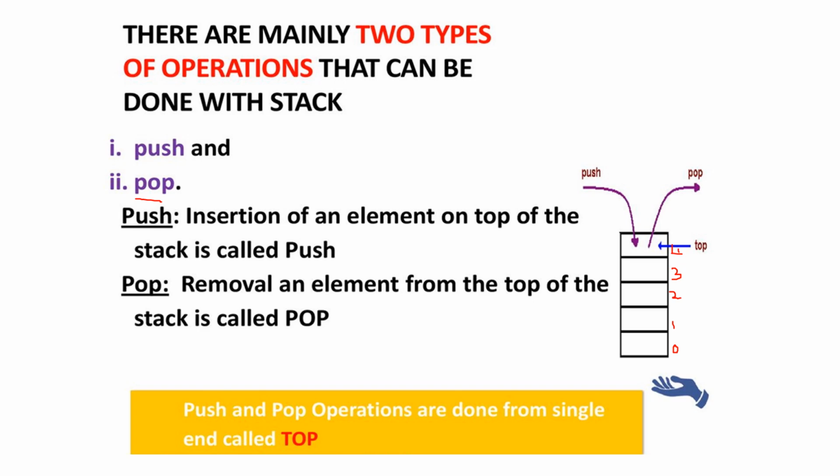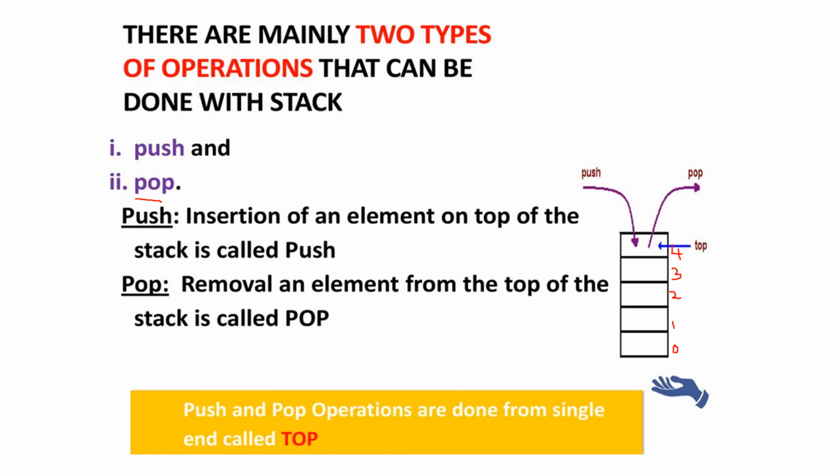These are the memory locations. If the top is pointing to a memory location, that is the top of the stack, meaning the last element in the stack. If top is -1, there are no elements in the stack.